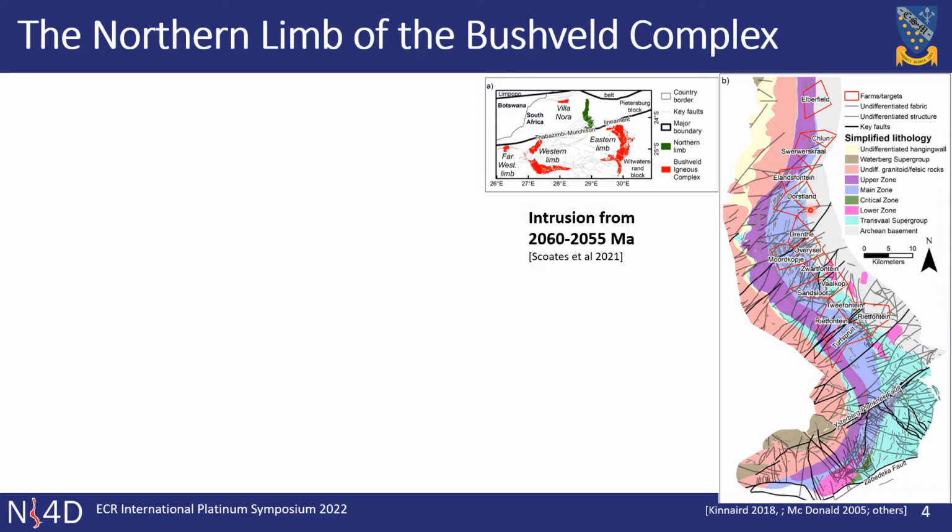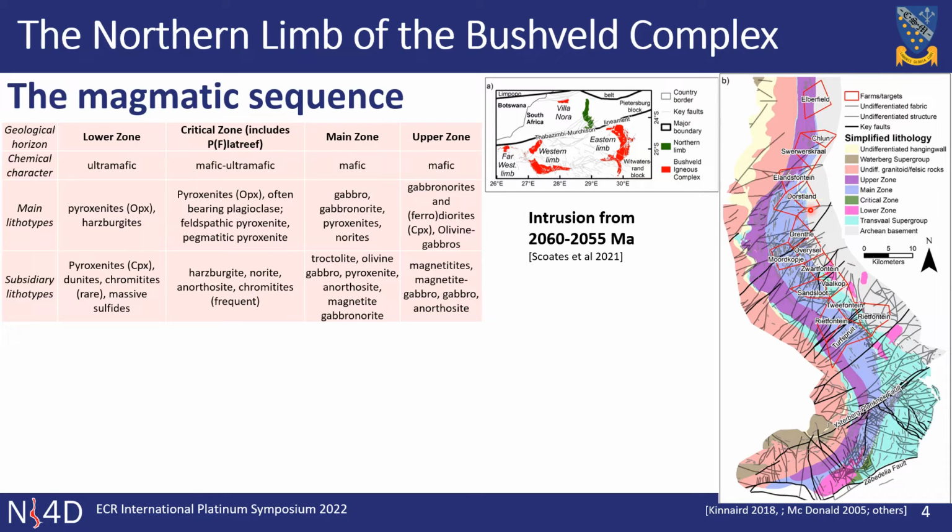The stratigraphy of the northern limb is relatively well understood at the moment and is compared in general to the remainder of the Bushveld Complex. Okay, the four main parts of the magmatic sequence are the lower zone, the critical zone, the main zone, and the upper zone. They are mostly rocks that comply with ultramafic to mafic chemical attributes.